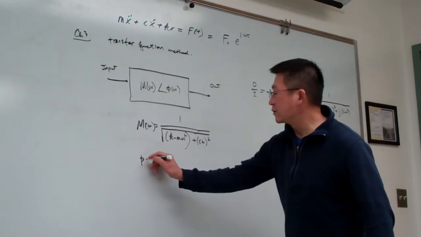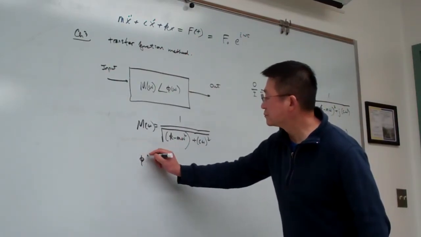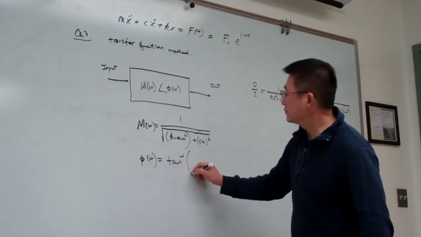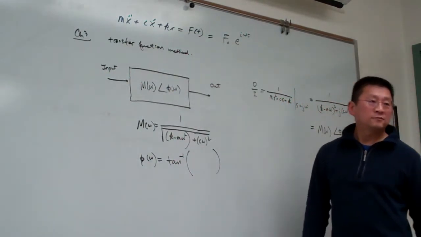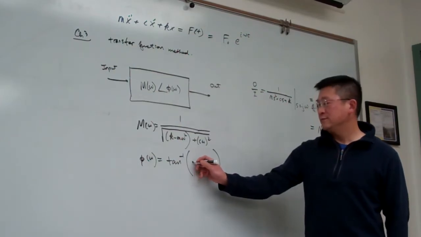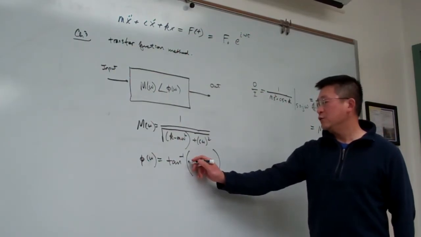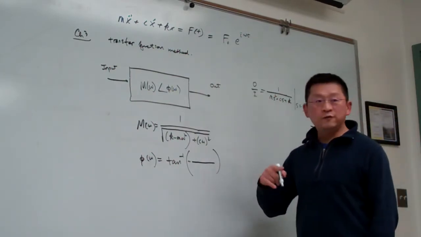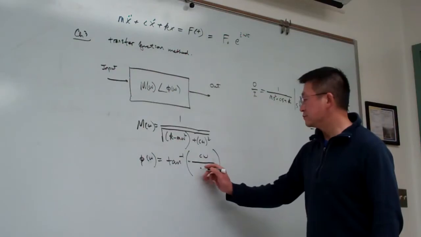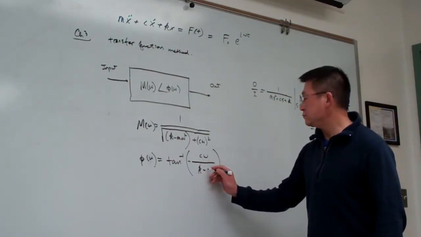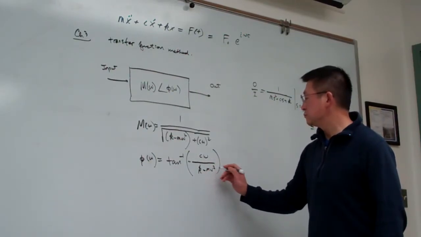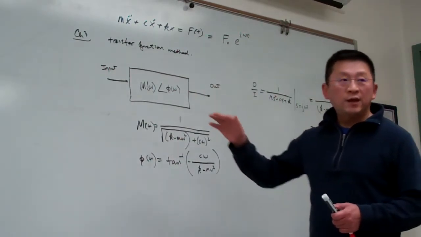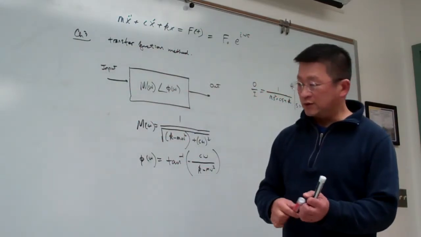And then the phase angle for this one is equal to arctangent, with a minus here. I explained that in detail, look for that handout. Right now we simply fill in what the input is.